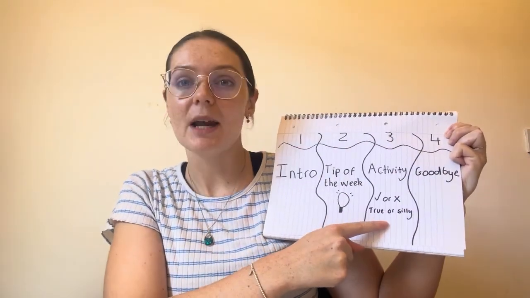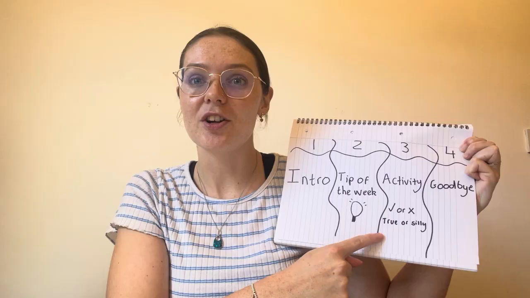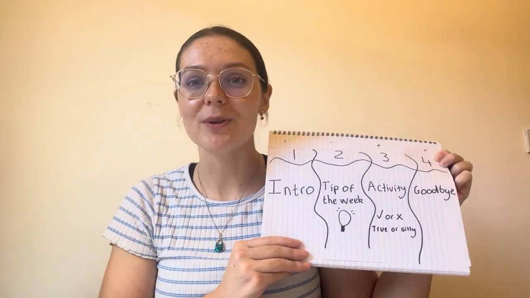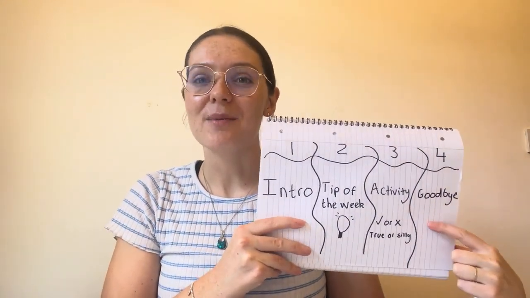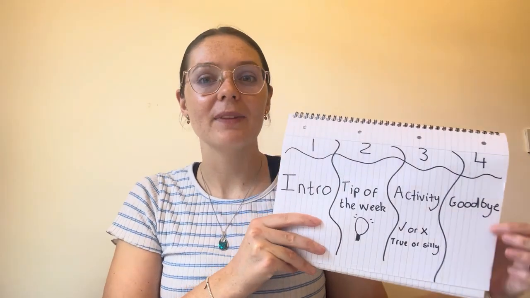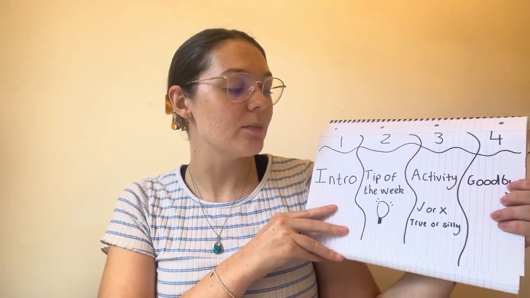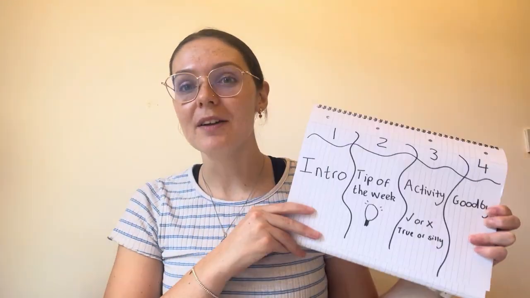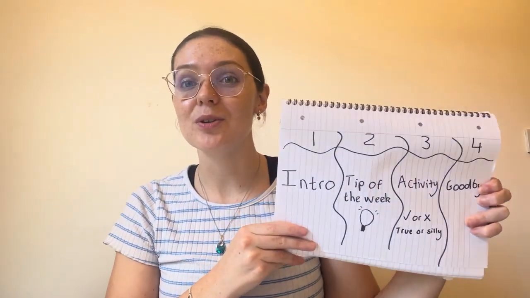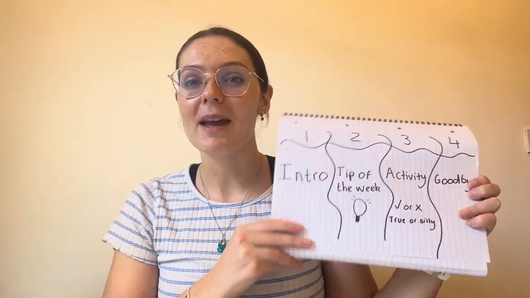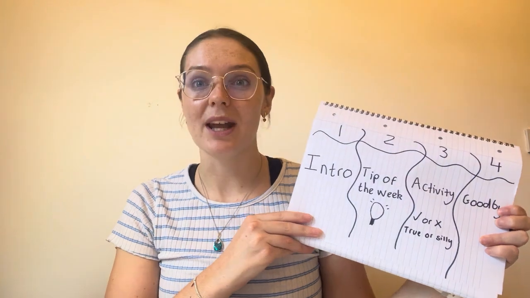Then we're going to be doing a bit of an activity, which today is going to be a game called True or Silly. And then we'll be doing a bit of a summary and goodbye. This one has a mixture of pictures and writing, but if you try to use one yourself, you can do pictures, writing. It can really be as simple as this one here. So, carrying on with our introduction.